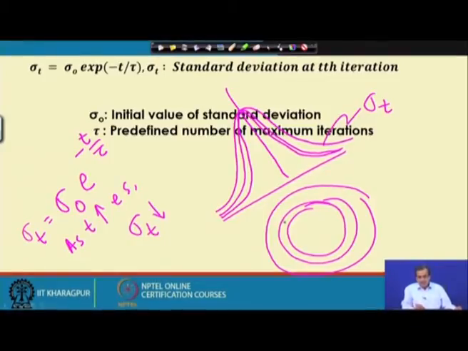It means that with the number of iterations the neighborhood is going to shrink, and within the neighborhood the excited members, the excited students and the professor, will have a lot of interaction, and through this interaction both the professor as well as the students are going to learn a lot.